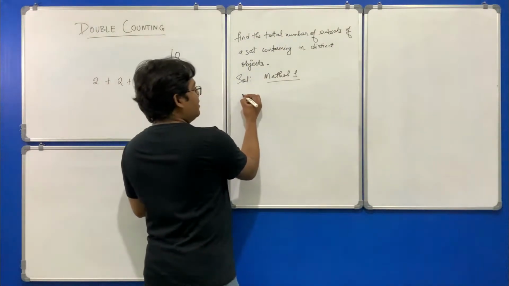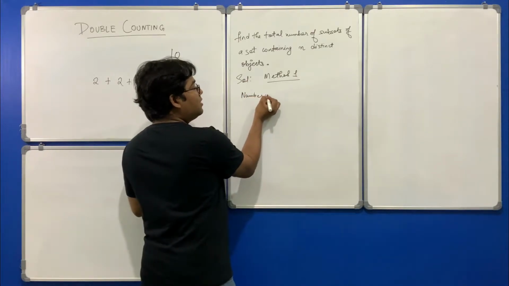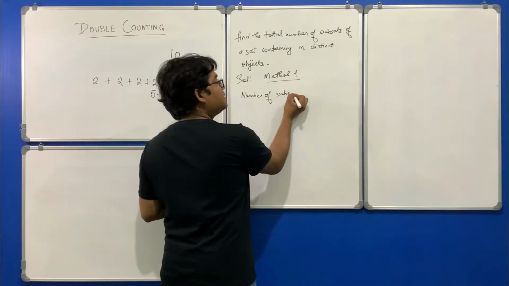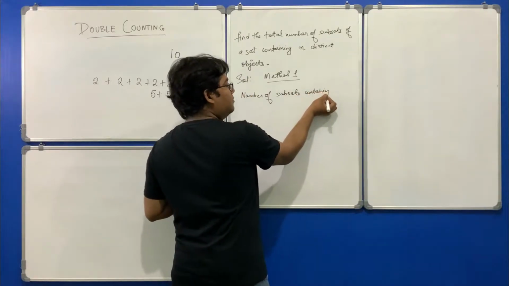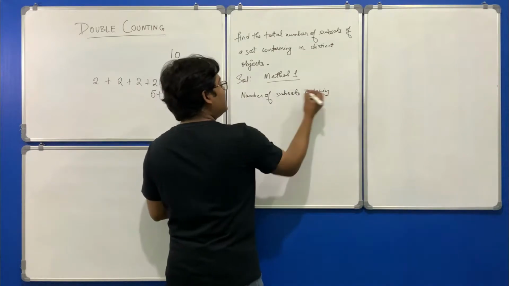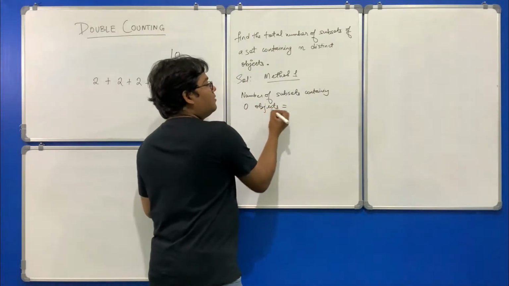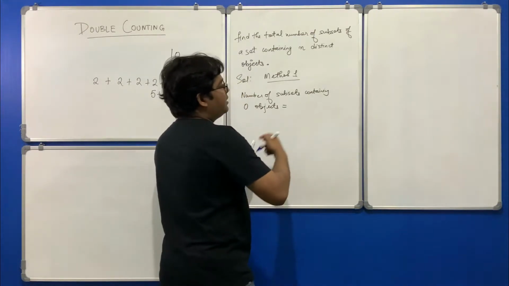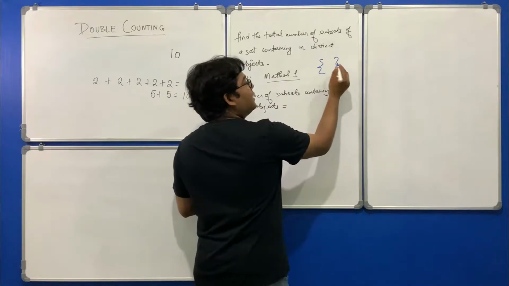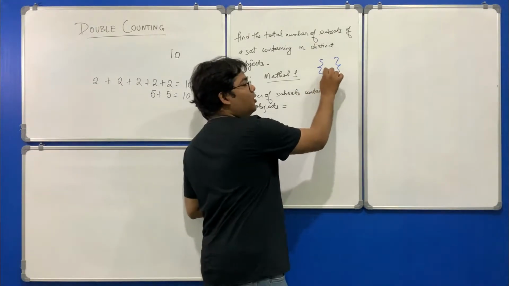So first we count the number of subsets containing 0 objects. Now how do you count that? Very easy. You have a curly bracket, and inside this you will put the objects.